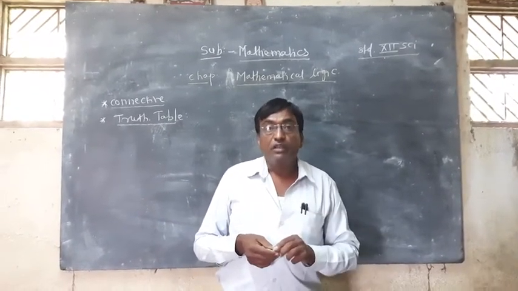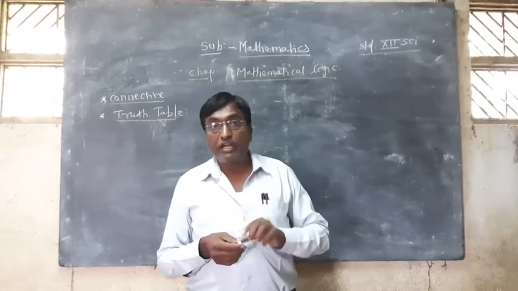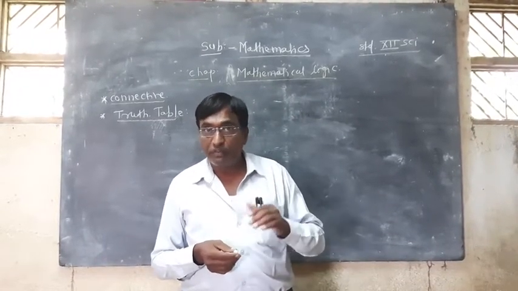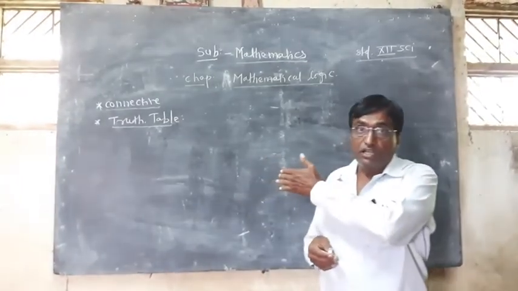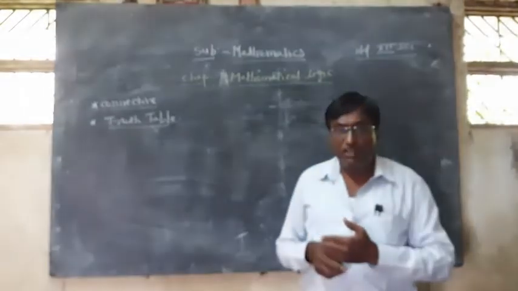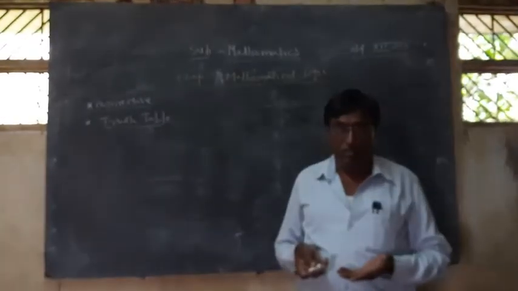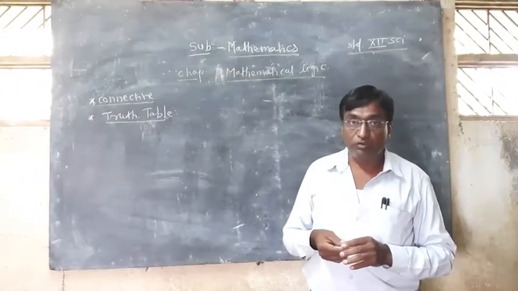Those statements will be connected by the words if and only if. Then negation. Negation means make the opposite, and negation is also a connective. These are the 5 connectives.